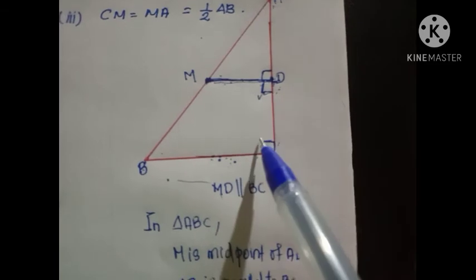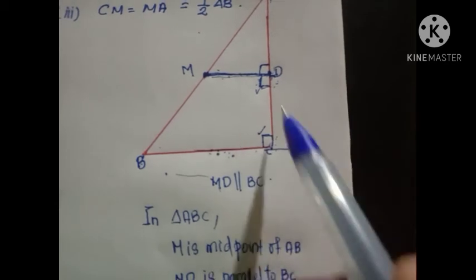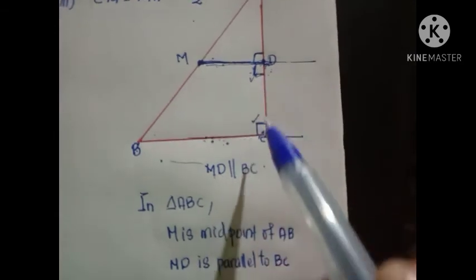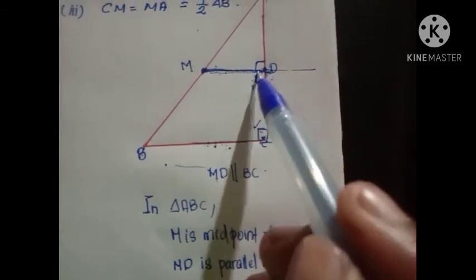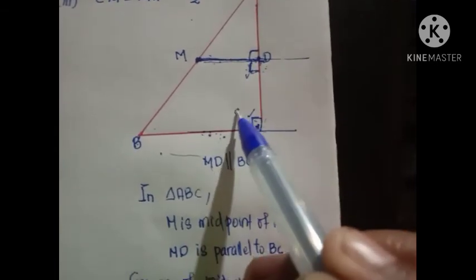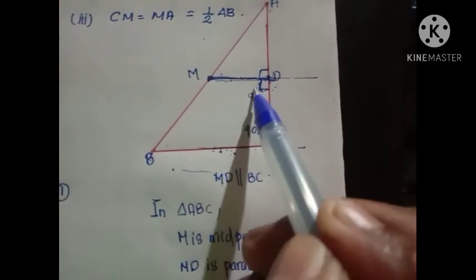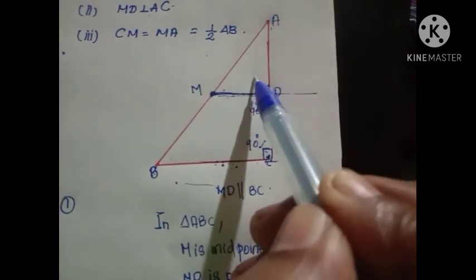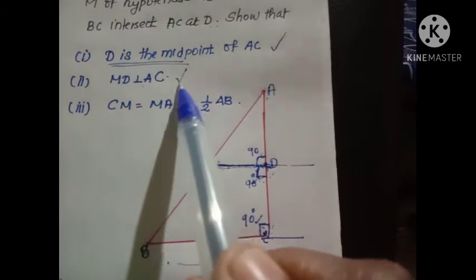These two angles lie on the same side of the transversal, therefore they are co-interior angles. Here this angle is 90 degrees, it is given. So definitely this angle is also equal to 90. Linear pair: these two angles are 90, so MD is perpendicular to AC.